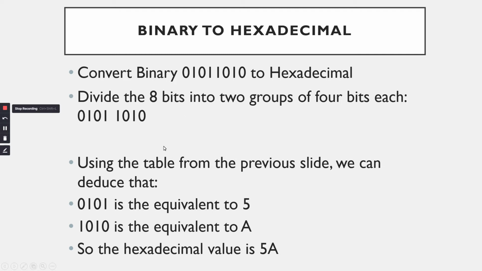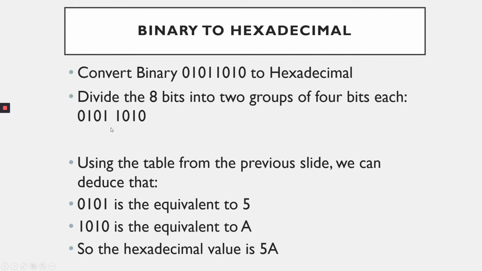But first things first, we need to divide these 8 digits into 2 groups. The first 4 digits could be group 1, then the last four could be group 2. So group 1 is going to be 0101, and the second group is going to be 1010.